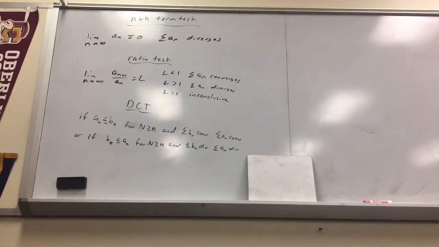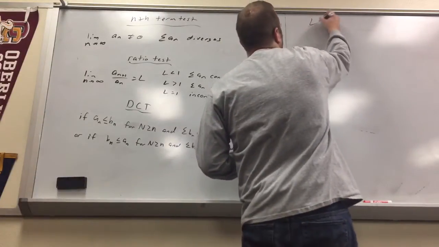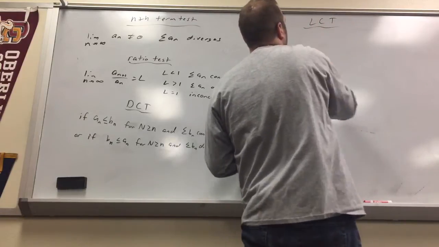And b sub n is the one I know, the comparable series, what I'm comparing it to. So for our case, b sub n was 3/5 to the n, and a sub n is our series we're trying to find the answer to. Okay. Then we got our LCT.